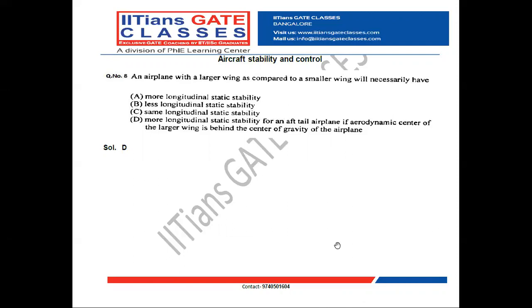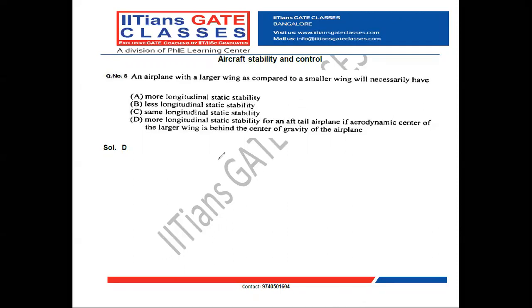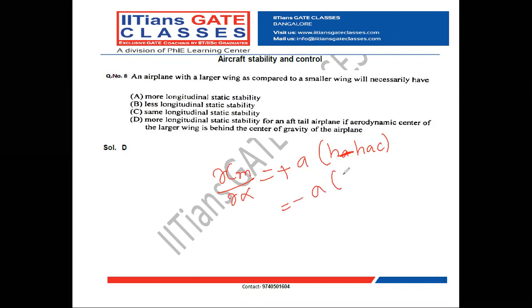Some options are given, so first we will see what is correct. dCm by d alpha, the slope for an airplane, should be negative in order to have static longitudinal stability.